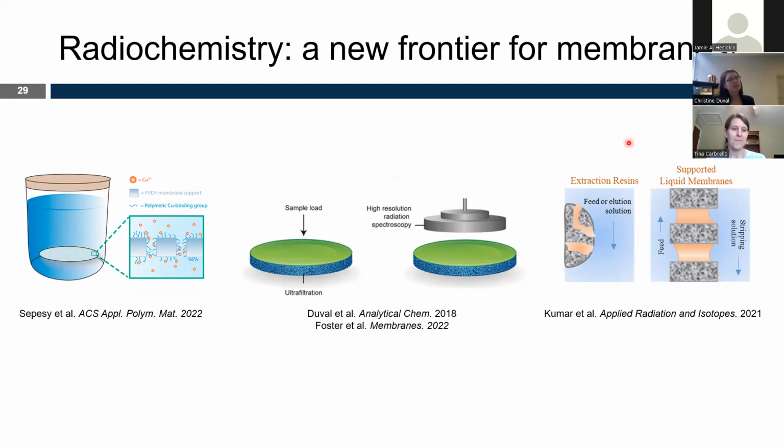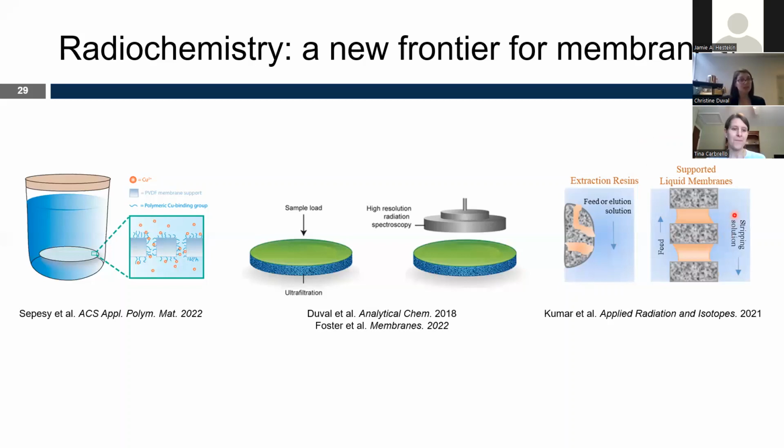And then I included another example here. I think the first logical leap in membrane technology, and maybe there's some debate on how well liquid supported membranes fit into traditional membrane separations, was to take from extractive resins and take those same ligands and physisorb them into either meso or microporous inert membranes.